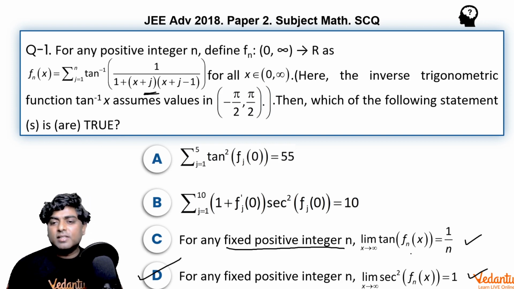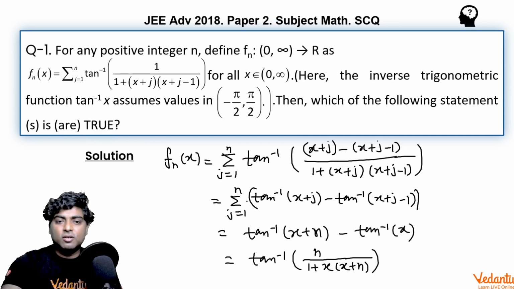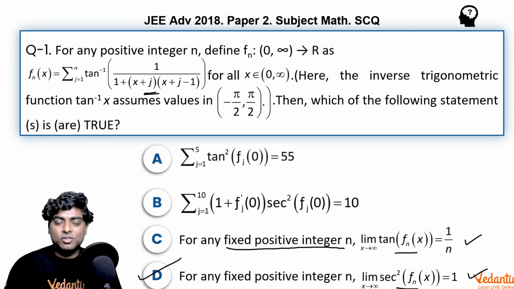So directly you can say verbally that it is 0 and it is sec square 0, that is 1. So option D is correct. There is no need to find even the value of this entire series. If you go by common sense, nothing is better than common sense, isn't it? So we can find the answer to this question directly as D, verbally.